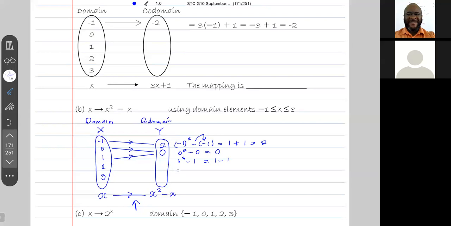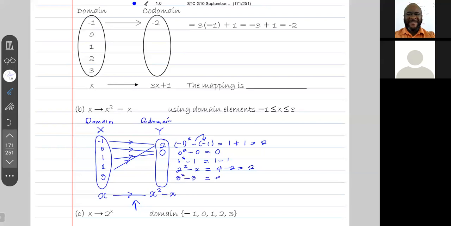For 2, this is what? 2 squared minus 2. 2 squared is 4 minus 2. I get what? 2. So 2 is also mapped to 2. Lastly, 3 squared minus 3.